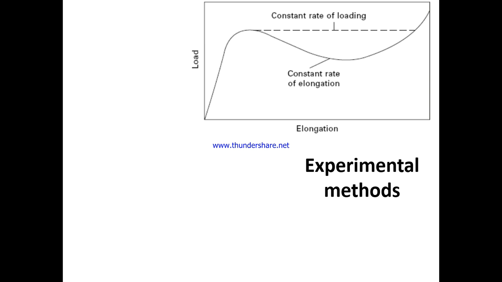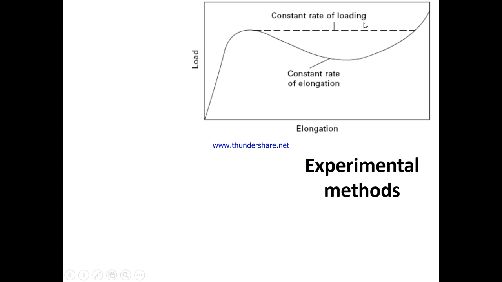One is the constant rate of loading, shown here in this graph. Another is constant rate of elongation, and the third one is constant rate of traverse, that is not shown here. Constant rate of loading and constant rate of elongation are widely used for measurement of tensile property of textile fiber.